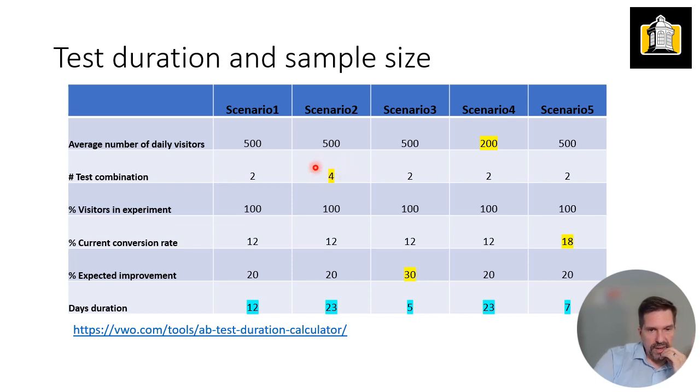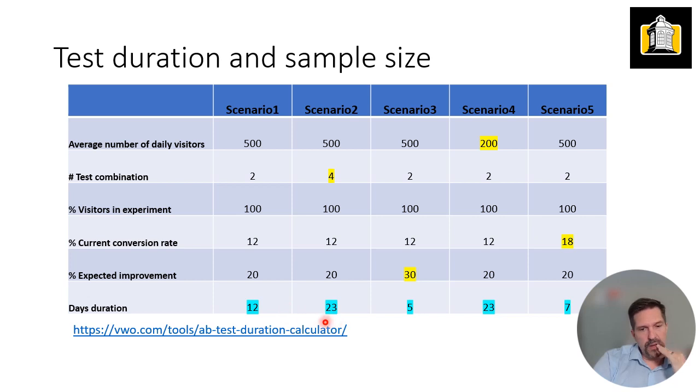So in a situation like that, if I have 4, but everything else is the same as before, so 500 people come every day, 100% of the visitors are used, and 12% conversion rate with a 20% expected improvement, it will take me roughly 23 days to achieve the same confidence as I had here. By the way, typical confidence for this calculator is 95%, in case you're wondering. Although you could vary that if you had a more sophisticated calculator.